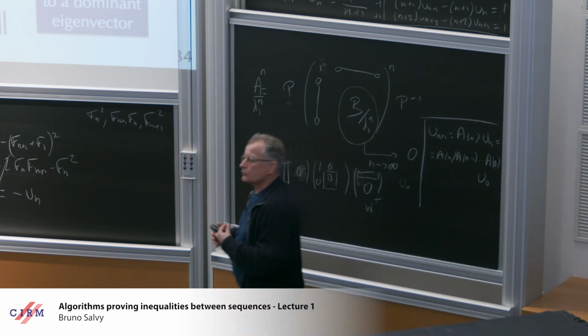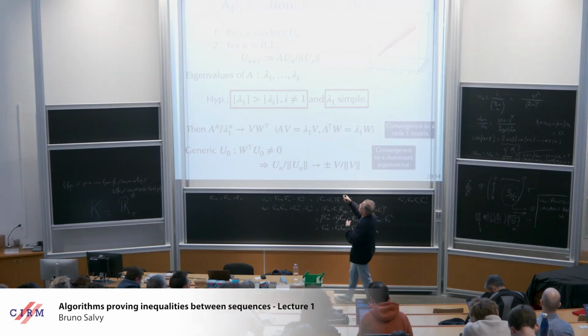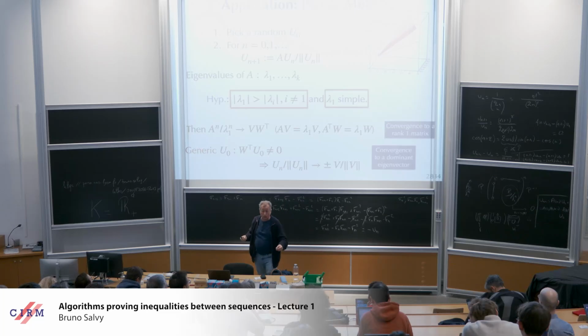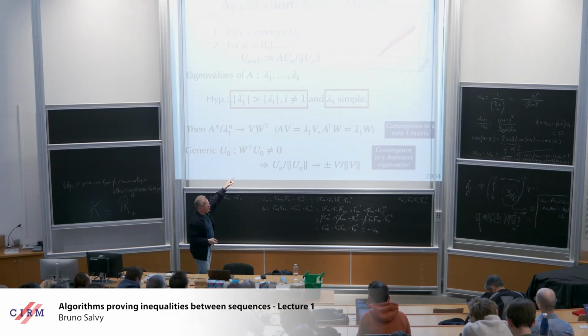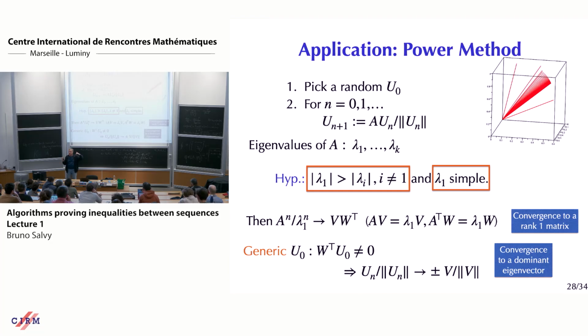Okay? So tomorrow we'll spend a lot of time trying to extend this, and that's what will be called the generalized power method, and show that again there's convergence to a rank 1 matrix, by looking at more geometry of cones.